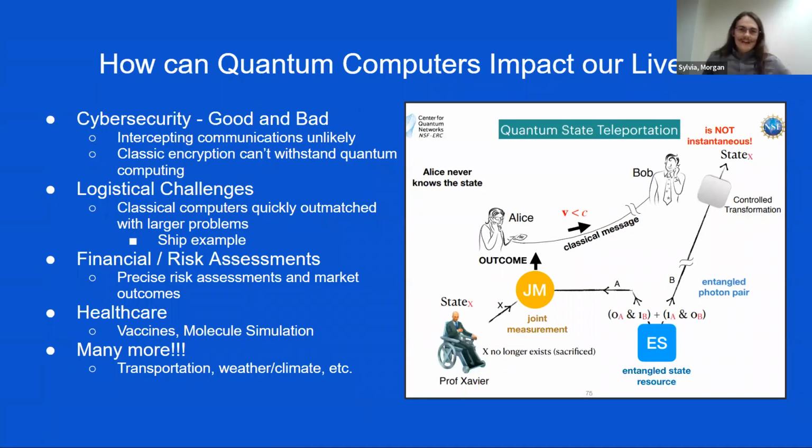So the big question, how can quantum computing impact our lives? In many numerous ways, cybersecurity being the biggest among them. I mentioned earlier that the sensitivity of these qubits is pretty strong, and things like radiation of all things can impact their entanglement, which can be a good thing if you're trying to transmit sensitive information from one place to the other.